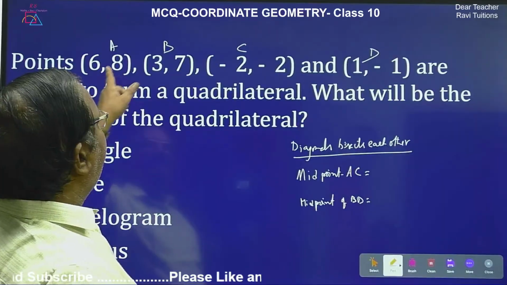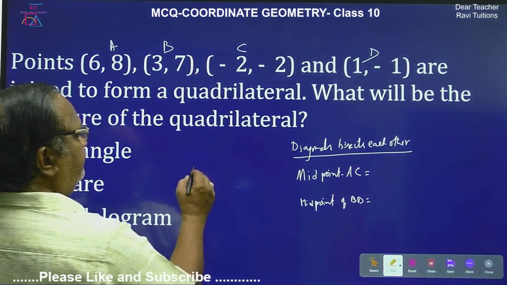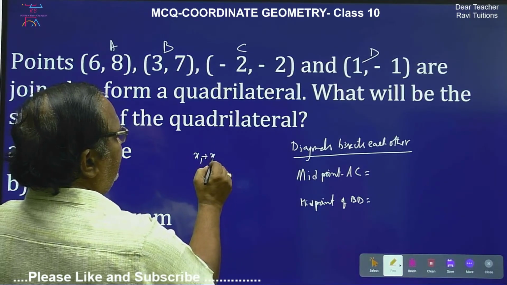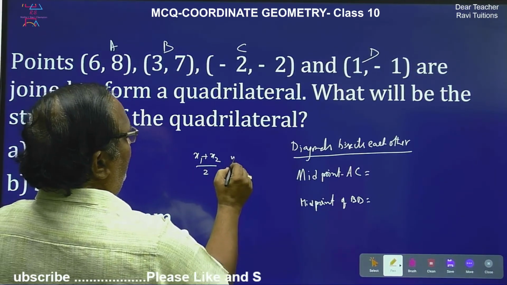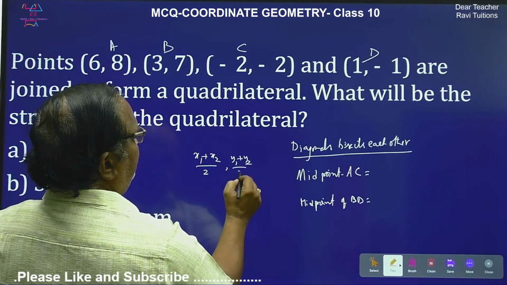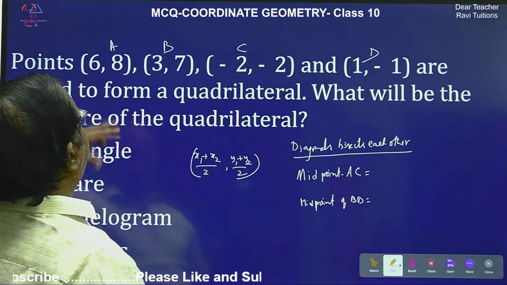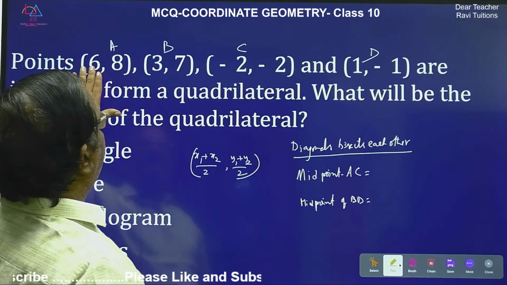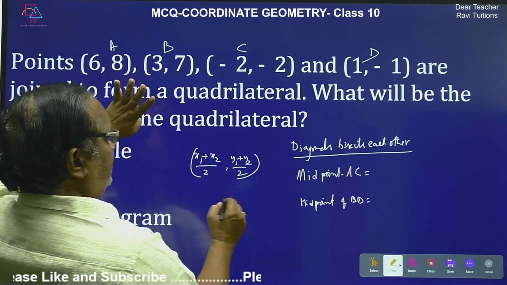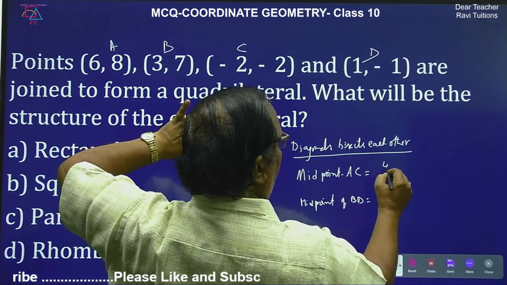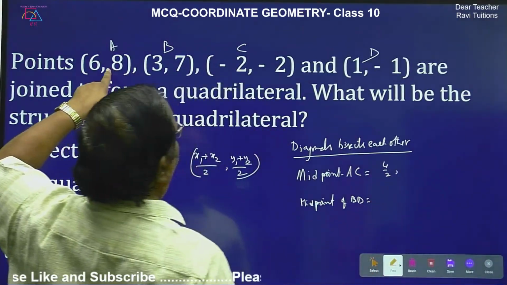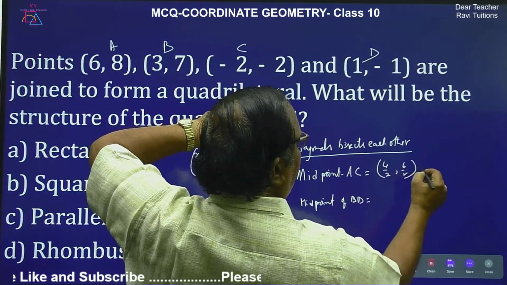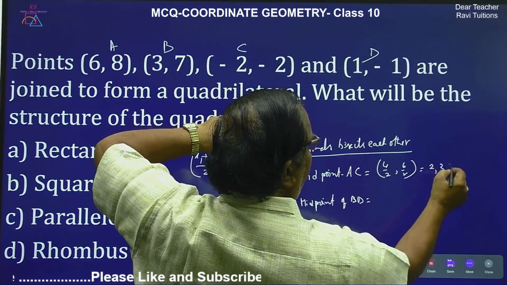Now AC midpoint, midpoint formula: x1 plus x2 by 2, y1 plus y2 by 2. So for AC, 6 minus 2 is 4, so 4 by 2. 8 minus 2 is 6, 6 by 2. So that means 2, 3.